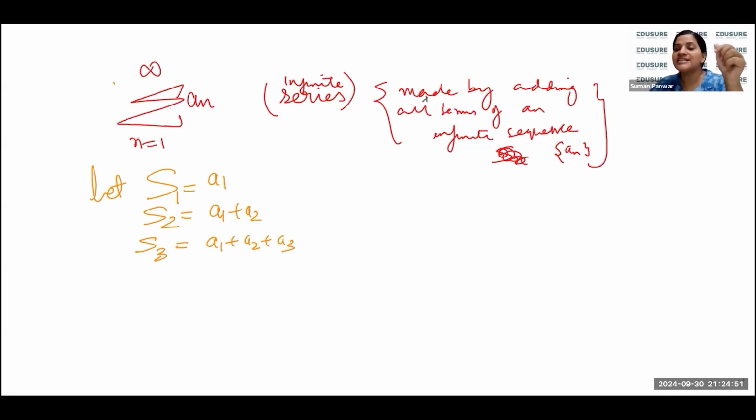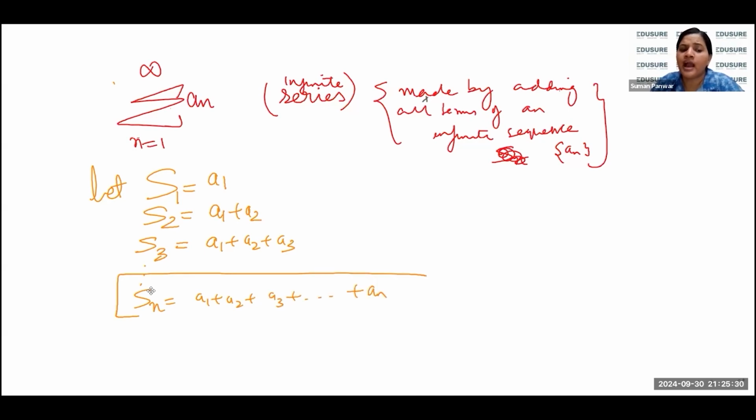So S1 is the sum of the first term, S2 is the sum of the first two terms, S3 is the sum of the first three terms. Let me see what is happening. But we cannot do this continuously for S100, S200, so we have to come up with a pattern.